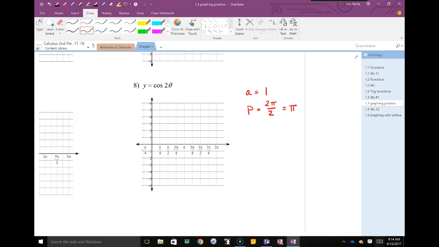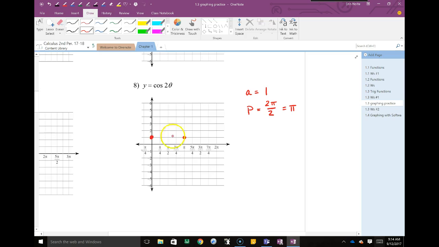So I'm going to start by plotting my ending spot, which is going to end at what value? Pi. And what's my height going to be? 1, because it's a cosine function. It ends at an amplitude, right? So it's going to end right here. I know my starting spot starts where? At 1. Good. What happens exactly halfway in between these 2 points?